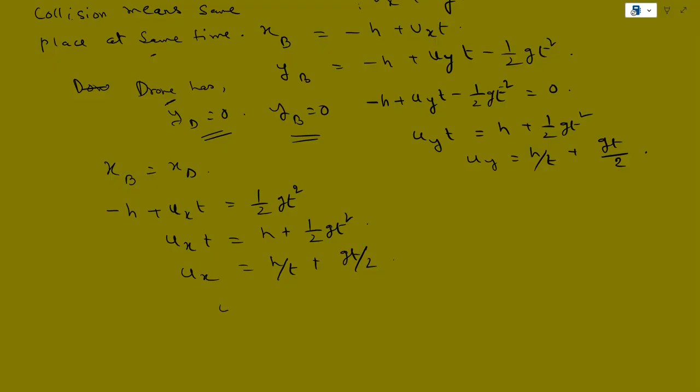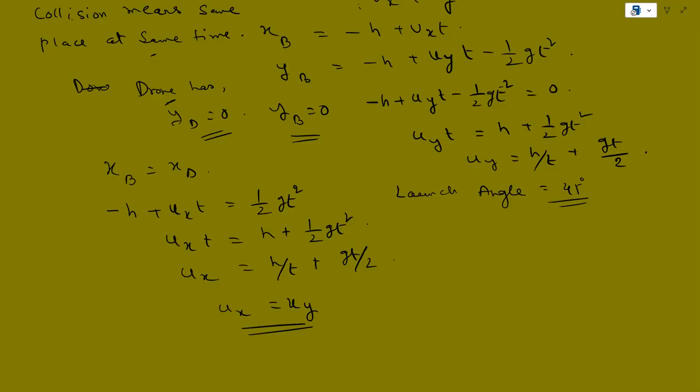And suddenly u_x becomes u_y. Did you notice both equations become identical, meaning u_x equal to u_y? So the launch angle is basically 45 degrees. So the ball has perfect symmetry.